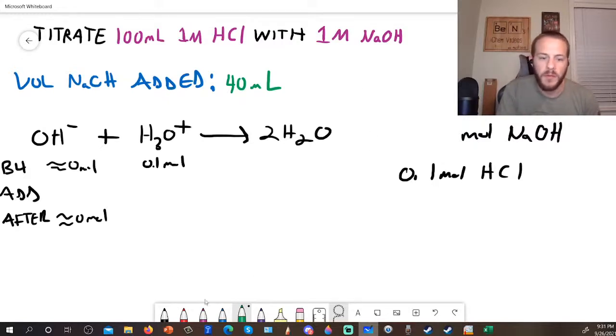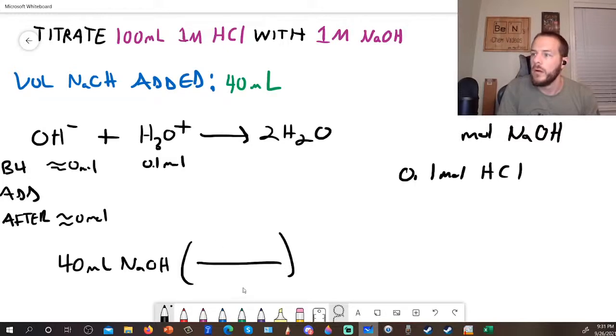What is the amount of that in moles? That's where we have to start the calculations, by converting that into moles. And it might seem redundant at this point, but I'm going to do it yet again because repetition is the key to success. So we have 40 milliliters of the sodium hydroxide, right? There are 1,000 milliliters in a liter.